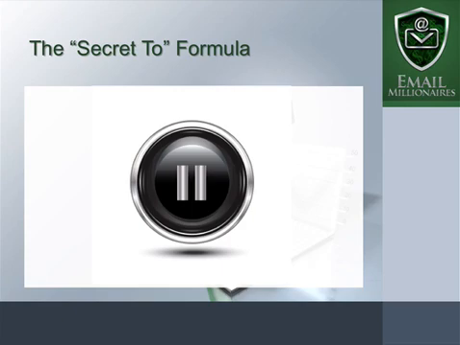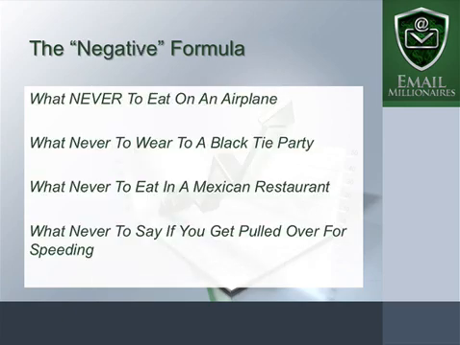So let's jump into the next formula, which is the negative formula. Now, this type of teaser copy can take on a variety of forms. Earlier, we talked about the example, what never to eat on an airplane. But notice you could use that formula for pretty much anything, like what never to wear to a black tie party, what never to eat in a Mexican restaurant, what never to say if you get pulled over for speeding.